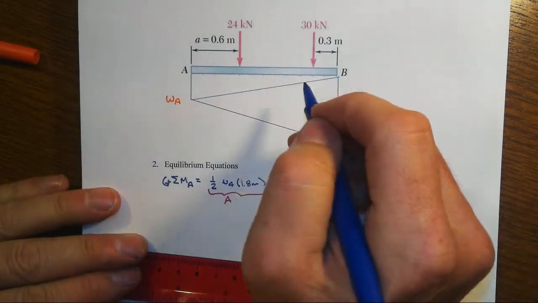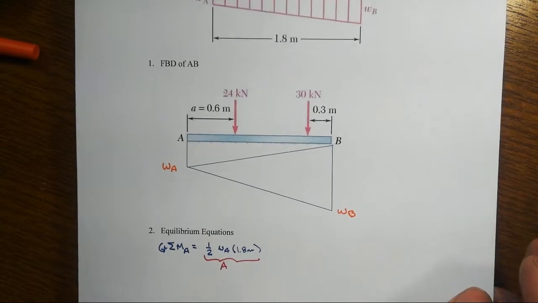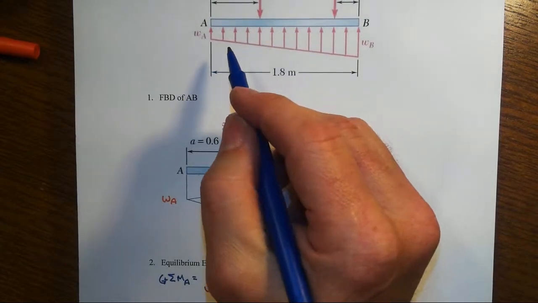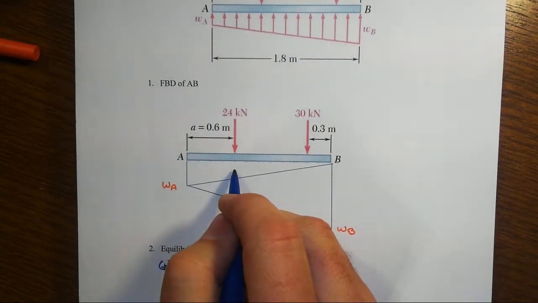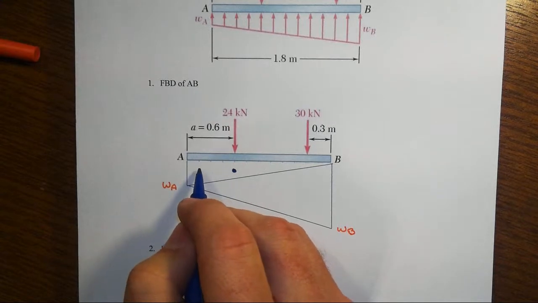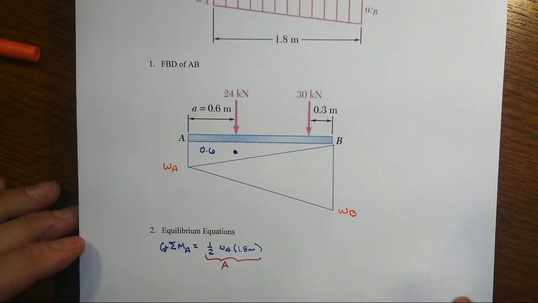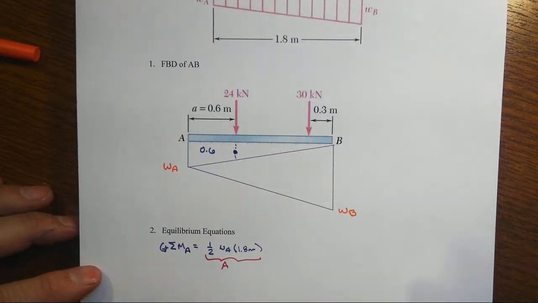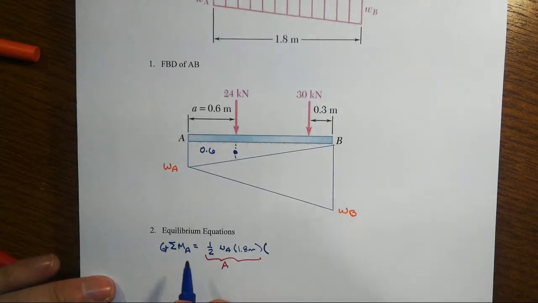It acts at the centroid of that triangle, which is 1/3 of the way along its base, in that big fat portion. That happens to be right under the 24 kilonewton force. It doesn't mean anything, but that's its equivalent acting point. So its moment arm with respect to A is 0.6 meters.